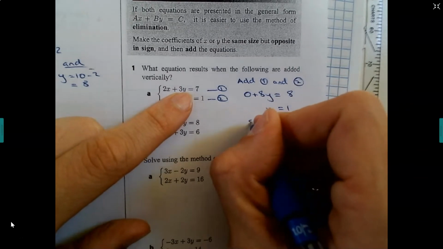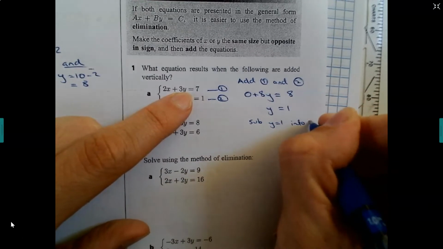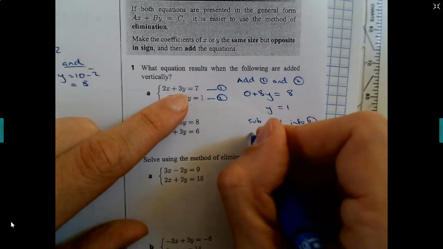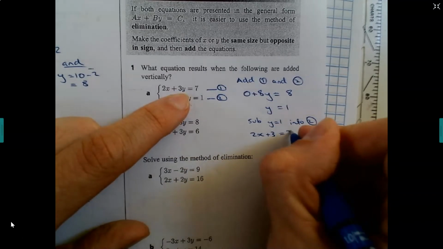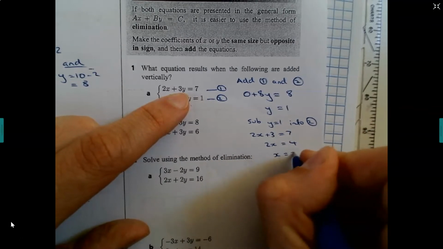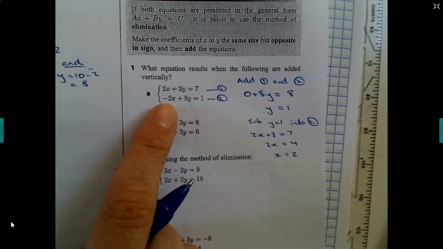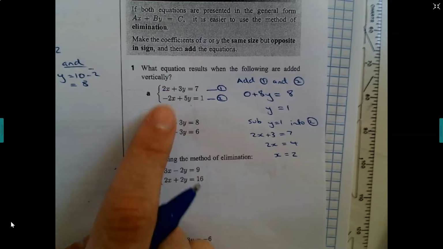So sub y is equal to 1 into 2, so then we've got 2x plus 3 by 1, which is 3, is equal to 7. 2x is equal to 4, x is equal to 2. That was a lot easier than having to rearrange one of these equations and then substitute it in.